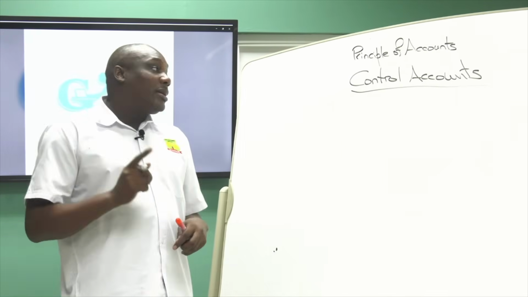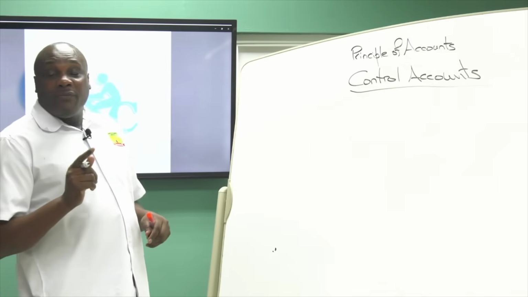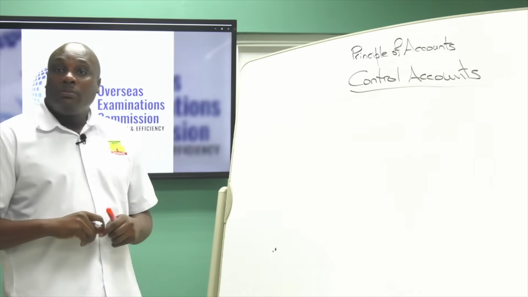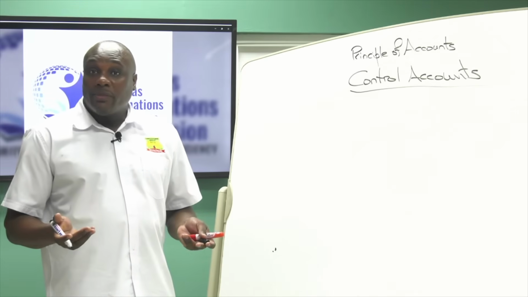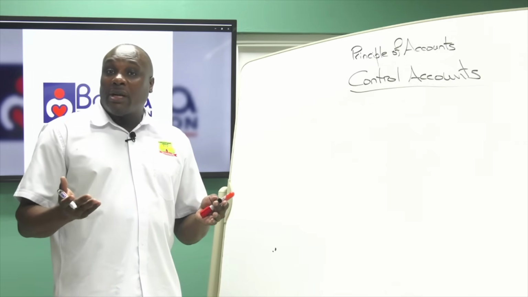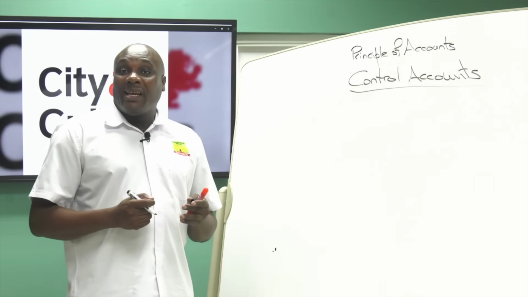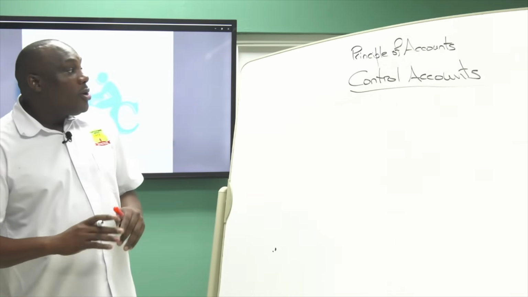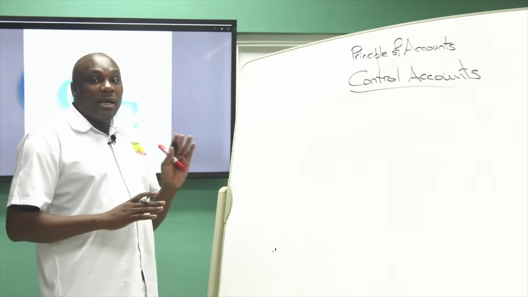sheet. All right. Now, on top of that as well, control account is used for locating errors, because sometimes we have an incorrect figure, especially in regards to the sales account and the purchases account. So control account is used to locate errors.